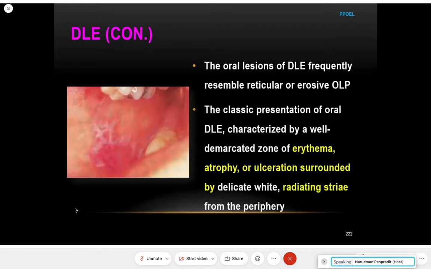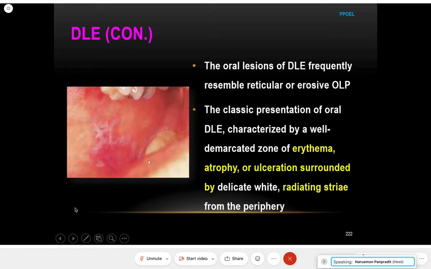Another characteristic that can help discriminate lichen from lupus is the radiated white line. What is it? The radiated white line is an area of redness or atrophy surrounded by white lines, but the white lines radiate like sun rays from the center.